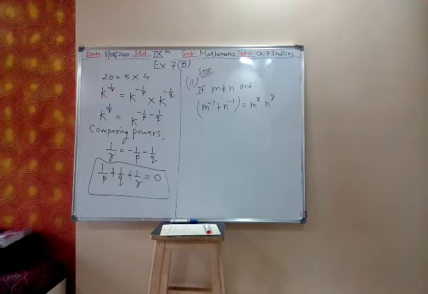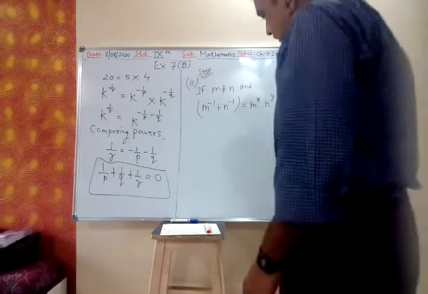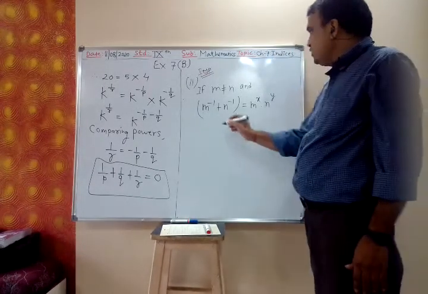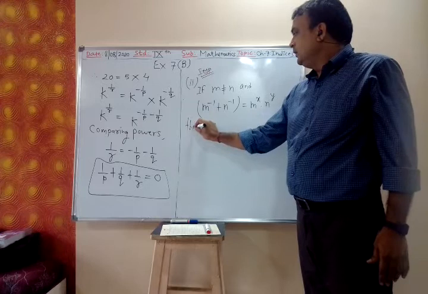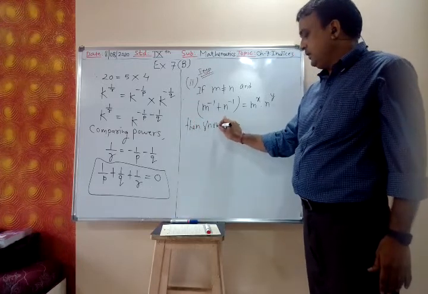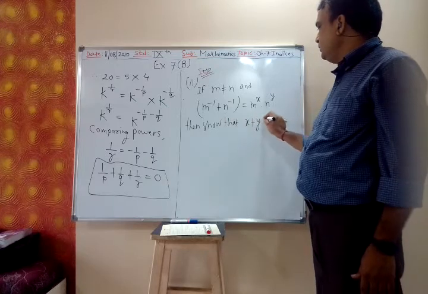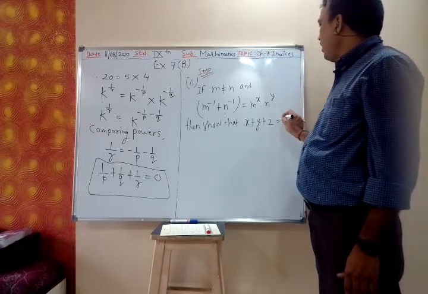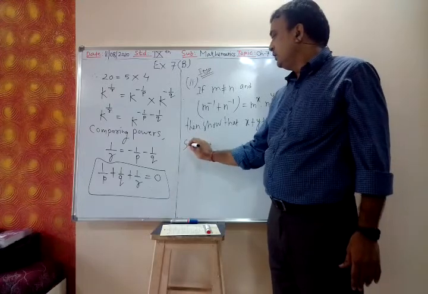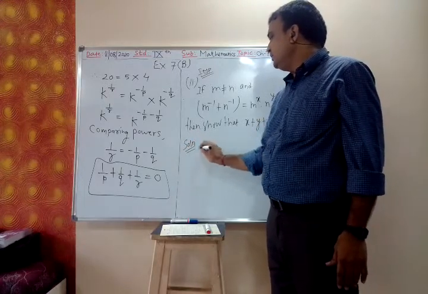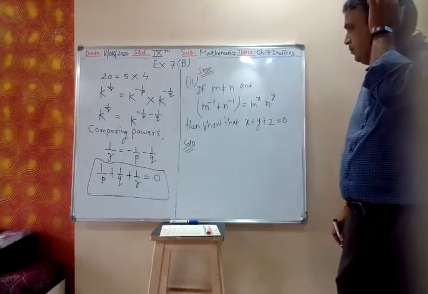Now it is clear, m raised to x into n raised to y. Then show that x plus y plus 2 is equal to 0. Show that x plus y plus 2 is equal to 0.